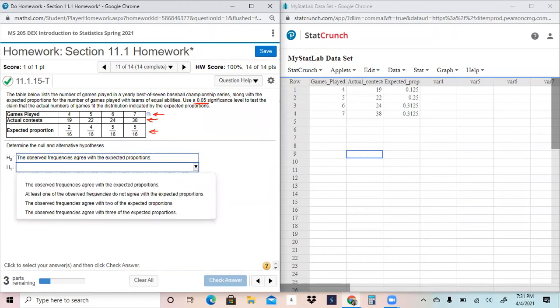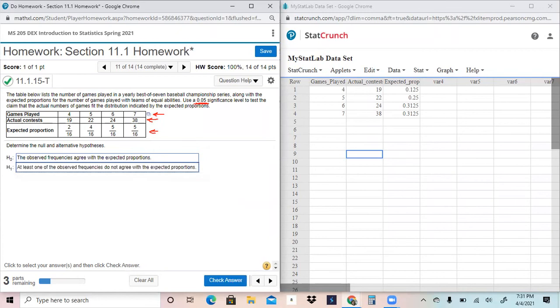In a chi-squared game, what we are looking for with chi-squared is that at least one of the frequencies do not come out to be the expected proportions.